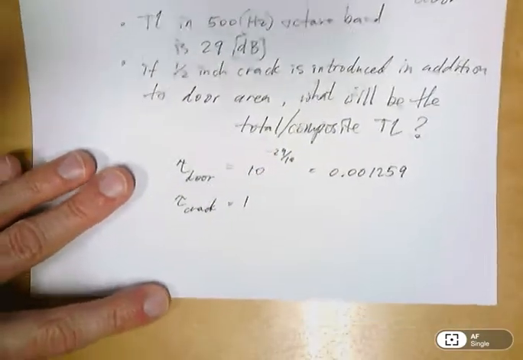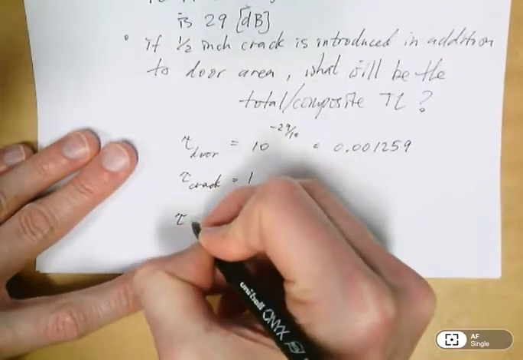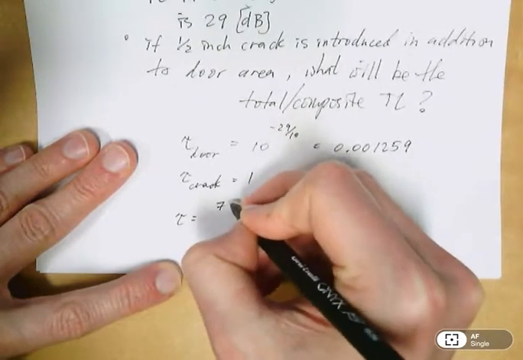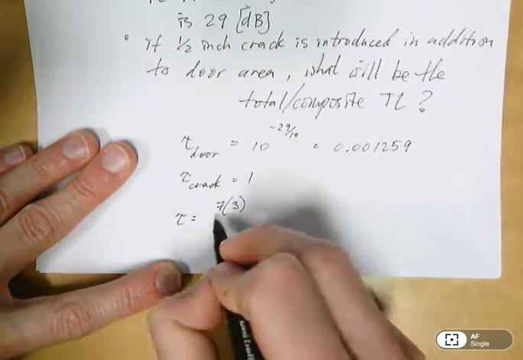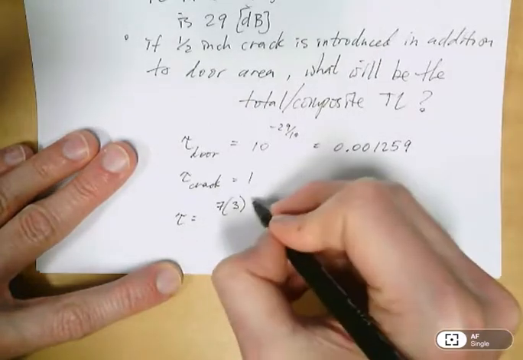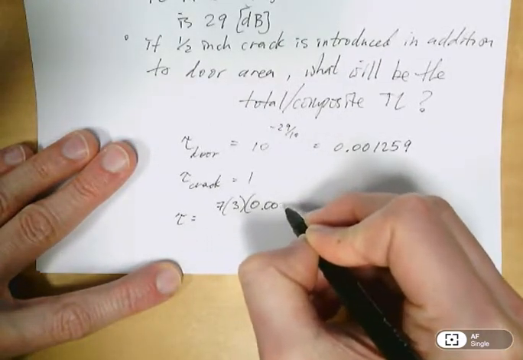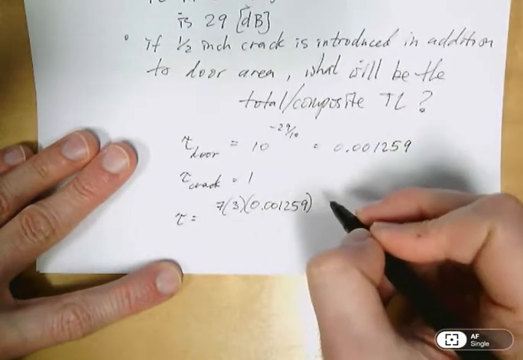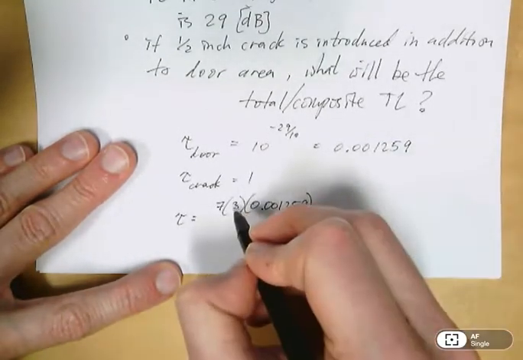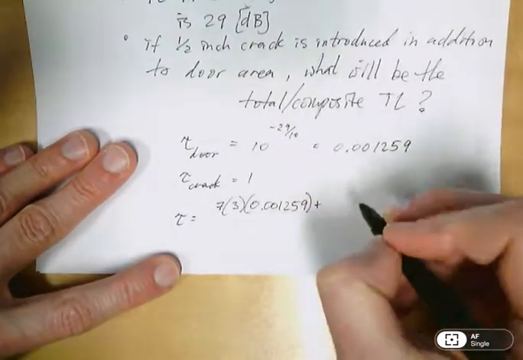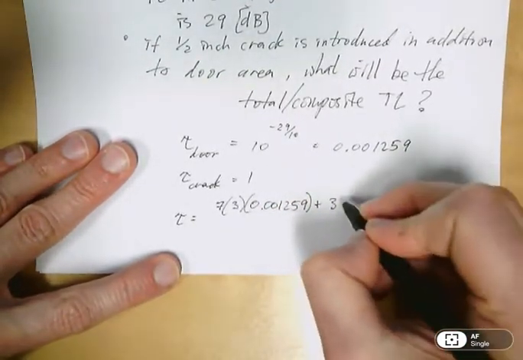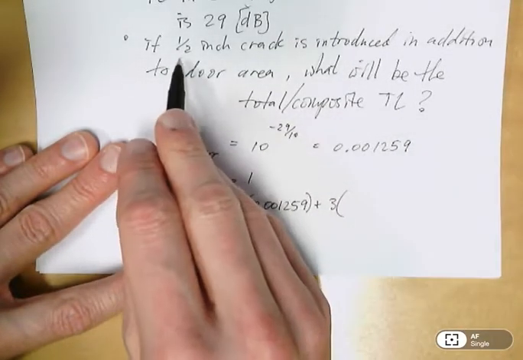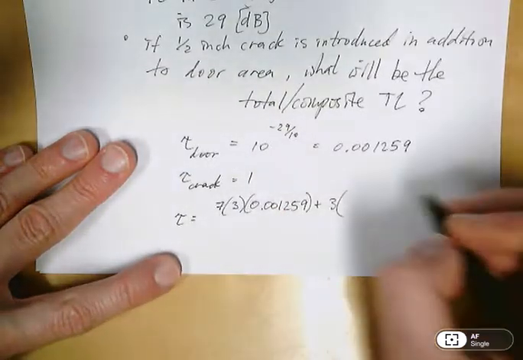So the composite transmission coefficient, if we write this out, will be, even using feet, 7 times 3 is the area of the door, and the transmission coefficient of that is 0.001259. Now the crack underneath the door will have that 3-foot width. So we'll have 3 foot times the height of the crack. Now it's a 1/2 inch, but putting this into feet is 1/24 of a foot.